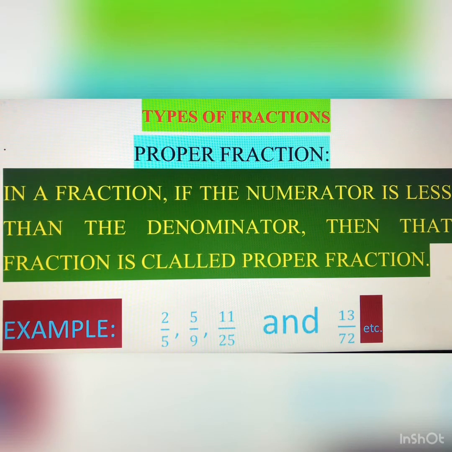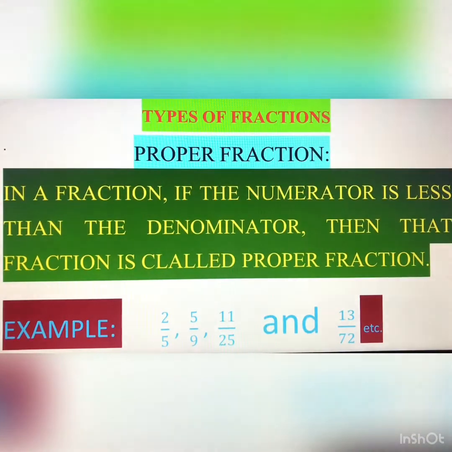Here the numerator is 2 and the denominator is 5. The numerator is less than the denominator, so it is a proper fraction. 5 by 9: 5 is less than 9. 11 by 25. Similarly, 13 by 72.